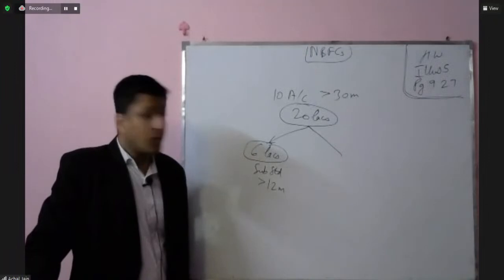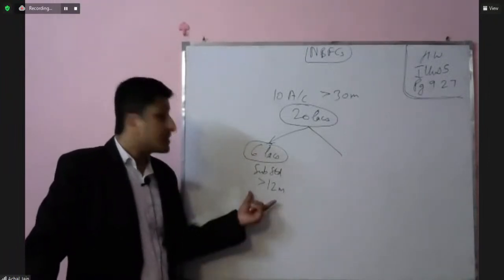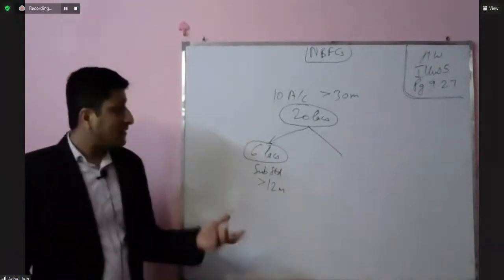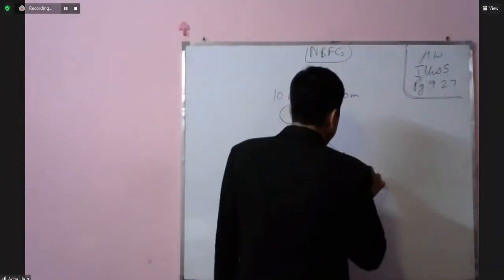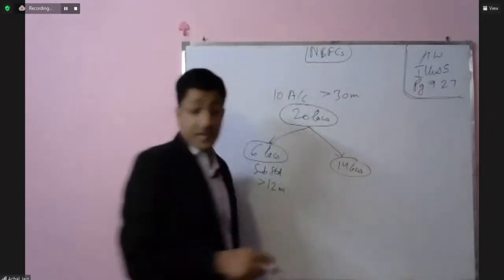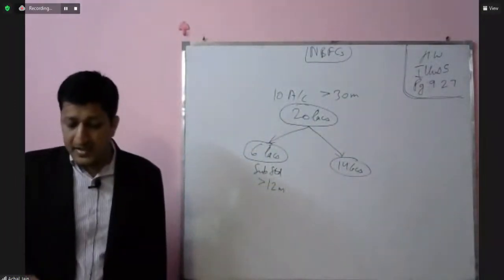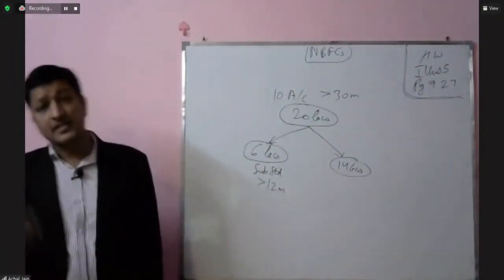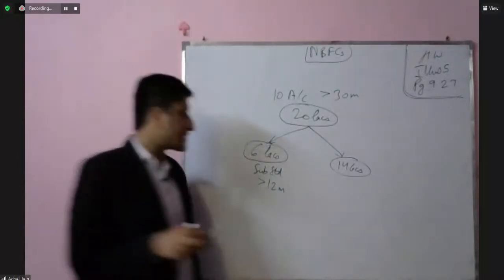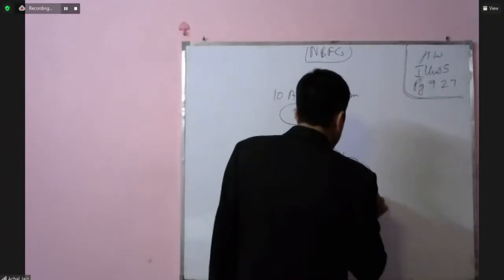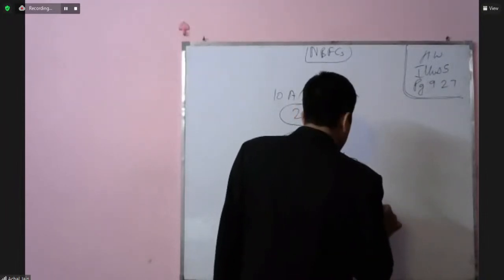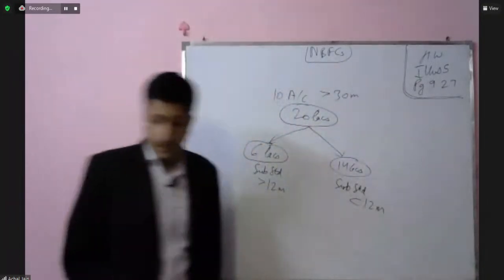So now, out of 20 lakhs, if 6 lakhs is substandard, then the balance amount is what? 14 lakhs. Which the question has specified as others. Then it says others are identified as substandard for a period less than 12 months. So this is substandard for less than 12 months.